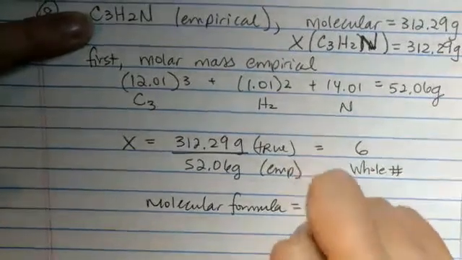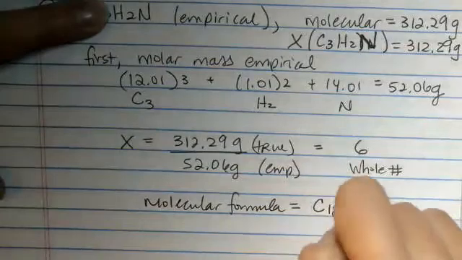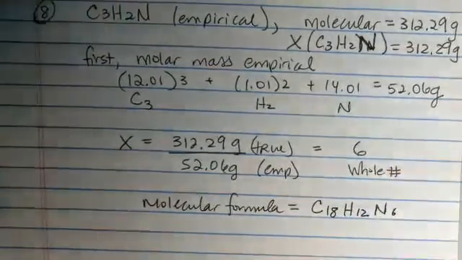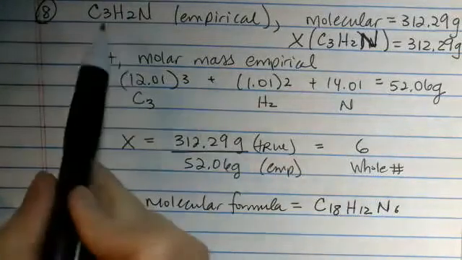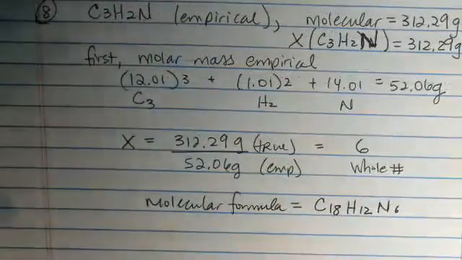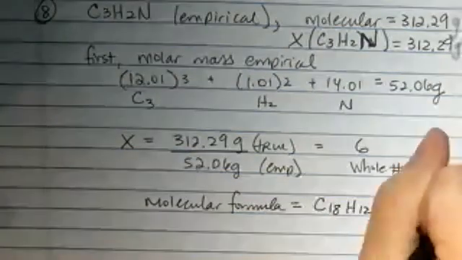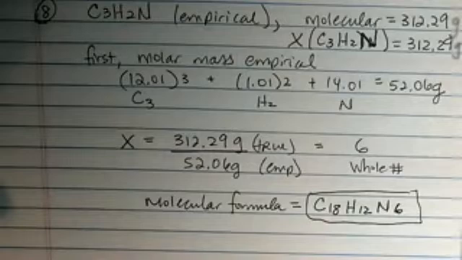So C3 becomes 18, H2 becomes 12, and then N1 becomes 6. So I just took that repeating factor and multiplied all the subscripts through by that number. So C18H12N6. That's how we get to a true molecular formula from an empirical formula.